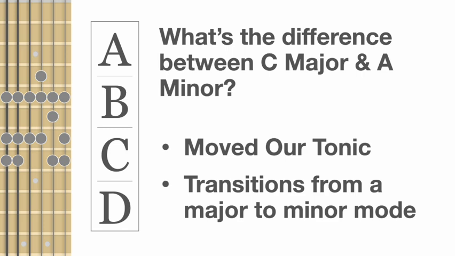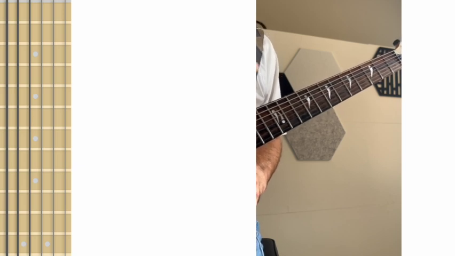Now, with that being said, I want to move into our next comparison of different modes and scales and start to see what that actually sounds like. So let's jump into that. Okay, so now that we've taken a look at that, let's look at a better question to ask when it comes to comparing our C major to something more meaningful.